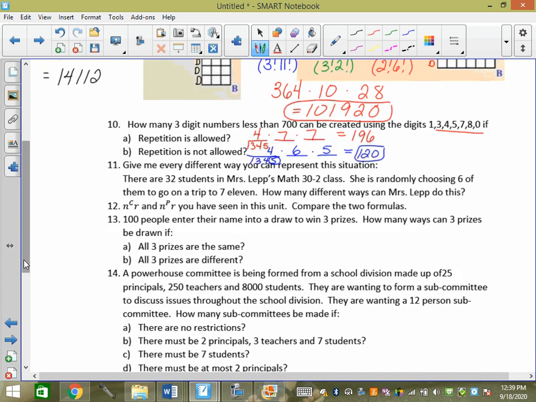11. Give me every different way you can represent the situation. There are 32 students in Mrs. Lepp's Math 30-2 class. She's randomly choosing 7 of them to go on a trip to 7-Eleven. How many different ways can Mrs. Lepp do this?